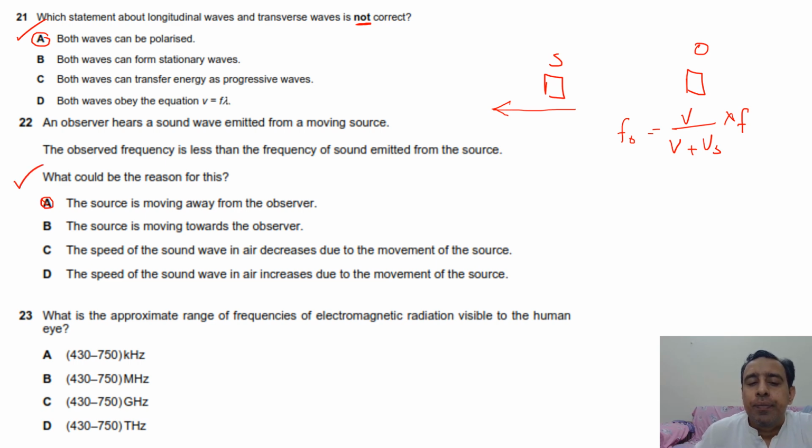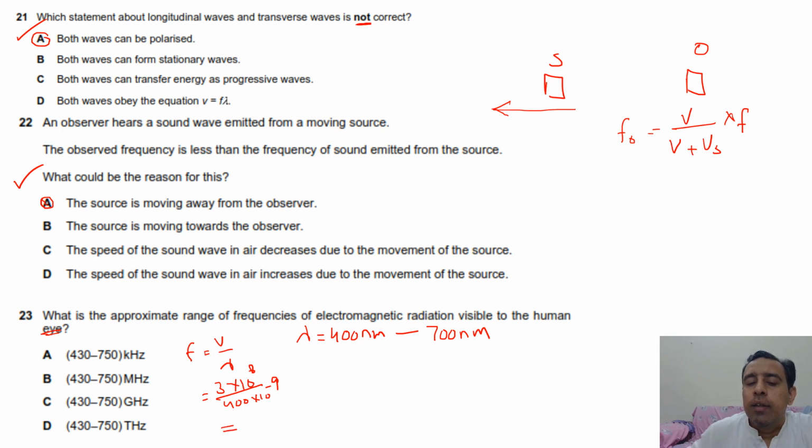Question number 23. What is the approximate range of the frequency of the electromagnetic waves which are visible to the human eye? You know that the range of the visible spectrum is from 400 nanometer to 700 nanometer. If you calculate it by using the formula f is equal to v by lambda, then v is 3 into 10 raised to 8 and the wavelength is 400 into 10 raised to minus 9.